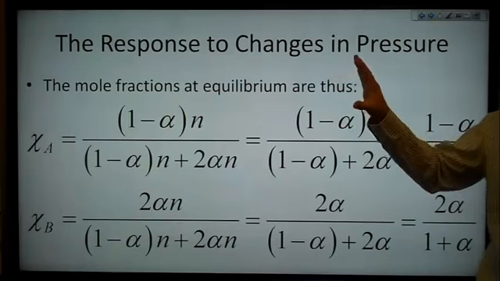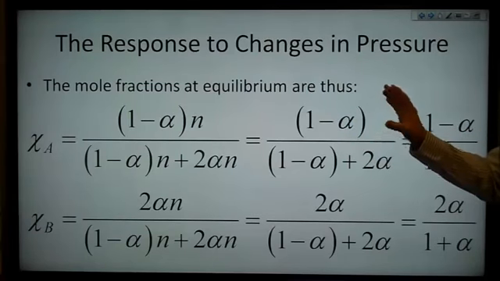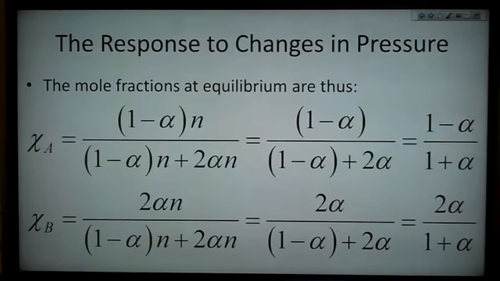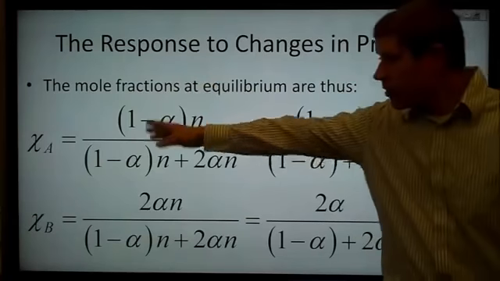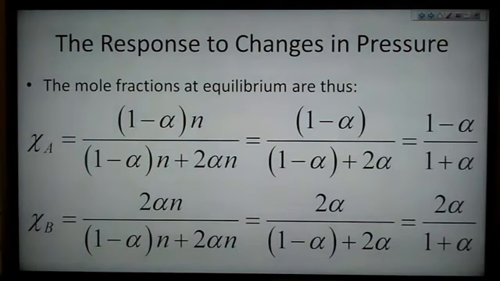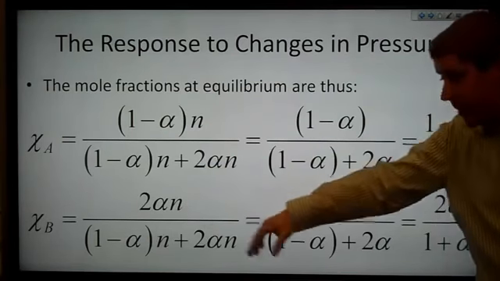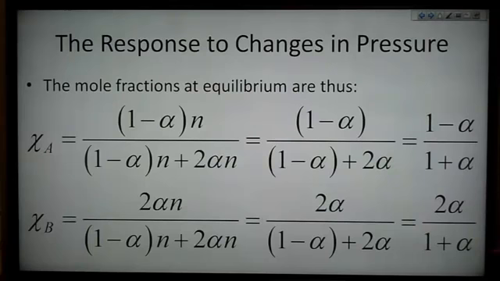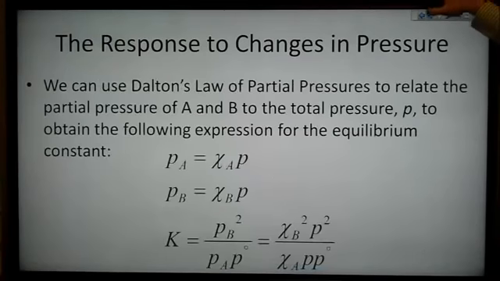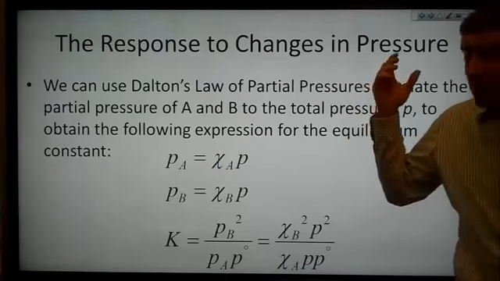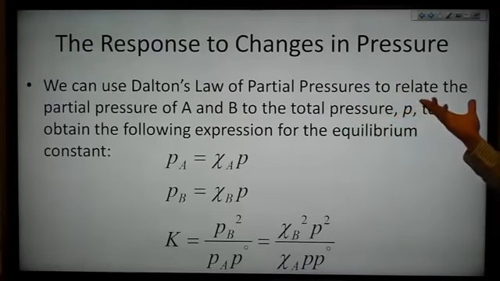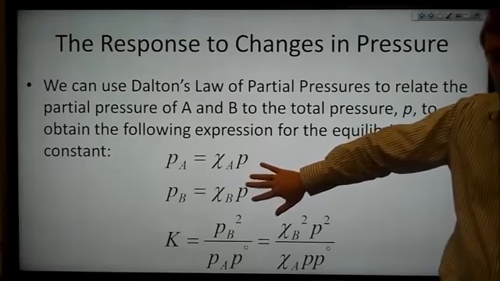Now the mole fractions at equilibrium can be given by these two equations. After we do some math, the mole fraction of A is 1 minus alpha divided by 1 plus alpha, and the mole fraction of B is 2 alpha over 1 plus alpha. Now we can use Dalton's law of partial pressures.